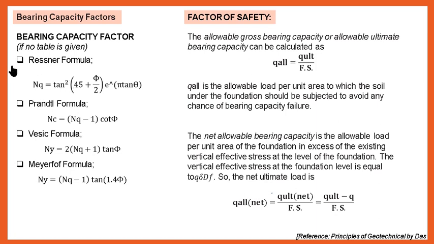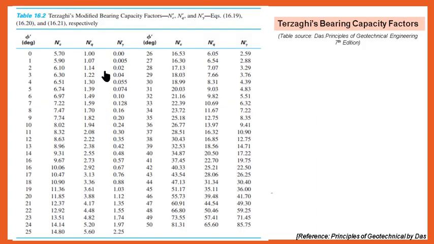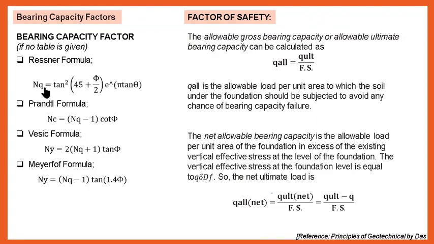So in here, if we don't have a table, we will use this equation. Okay? So, according to Resner, the Resner formula, NQ is equal to the tangent squared of 45 plus phi over 2, times E raised to pi tangent of the angle.